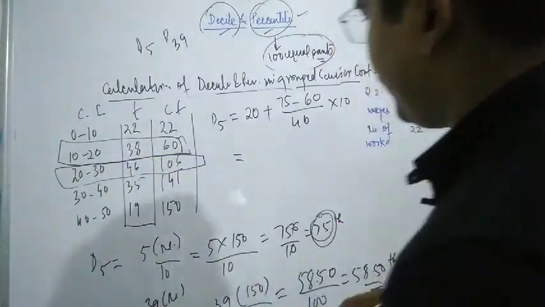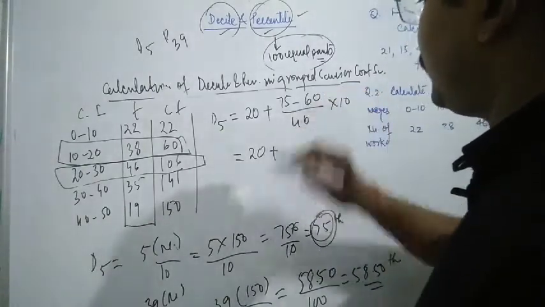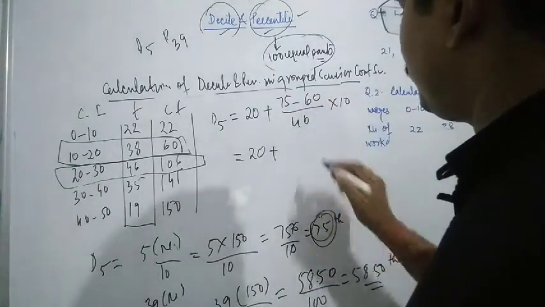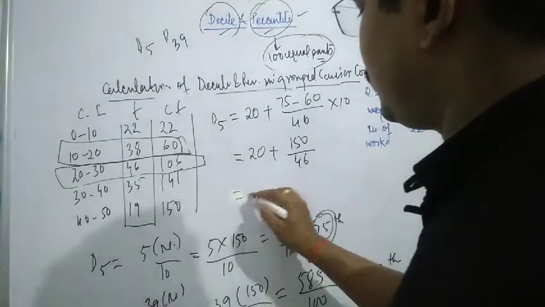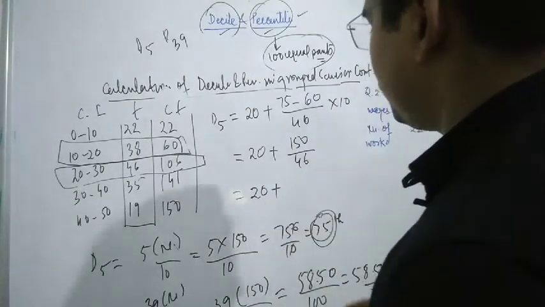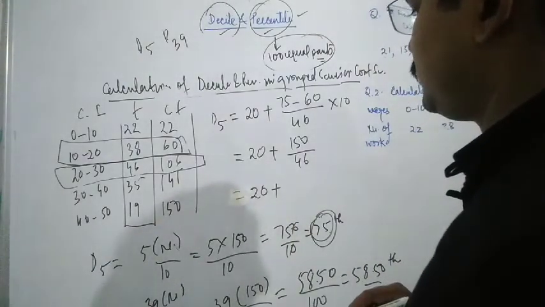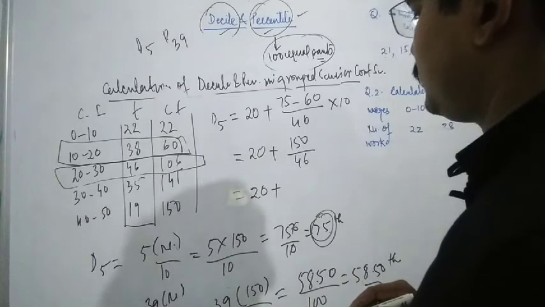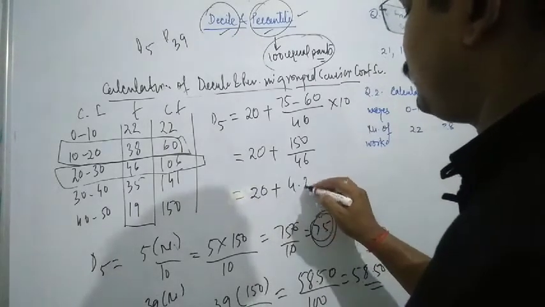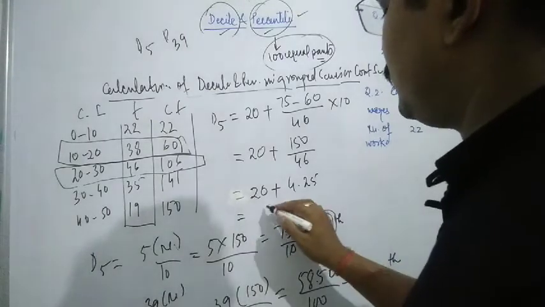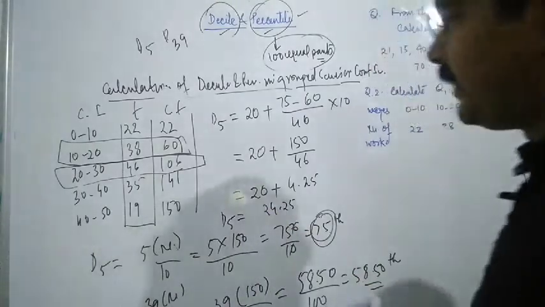So 20 plus, first of all we have to solve this one: 15 into 10, 150 upon 46. It would be approximately 4.25. So 24.25 is the D5 value.